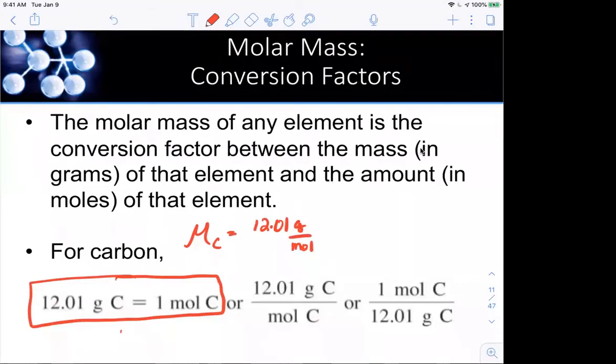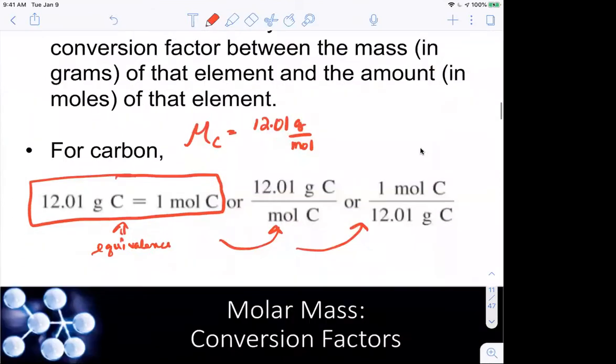Well, this is an equivalence, so I can get these 2 conversion factors. I can now have a method that will convert grams to moles or moles to grams using the mass on the periodic table.